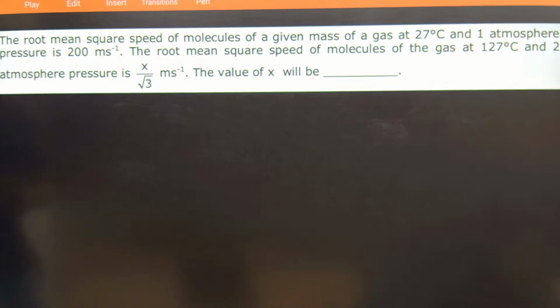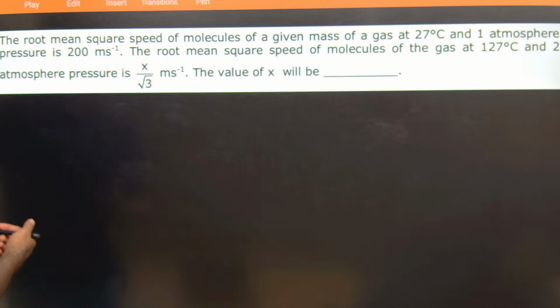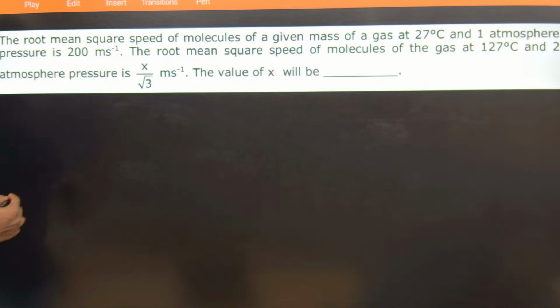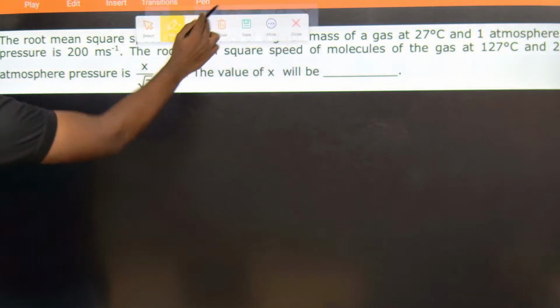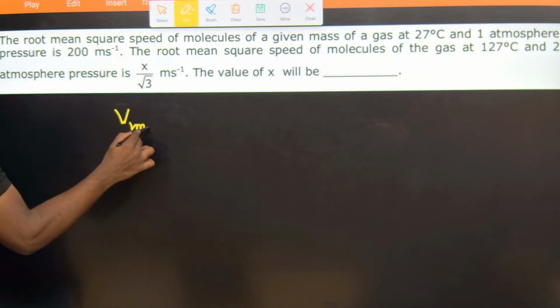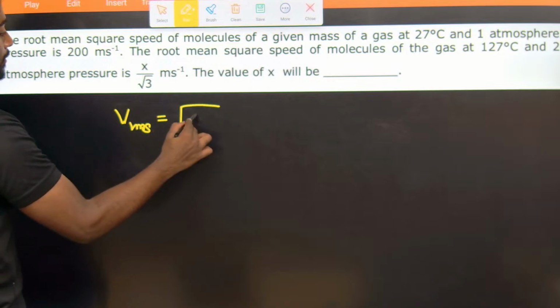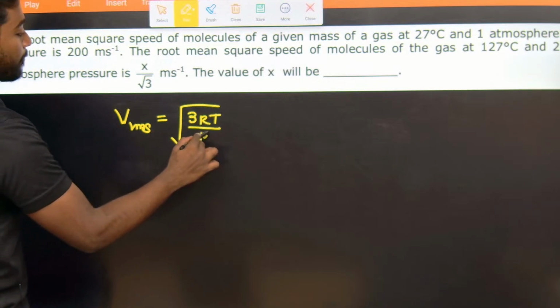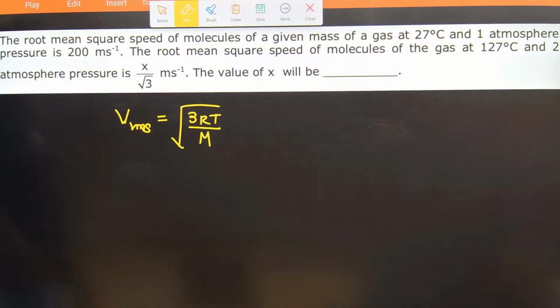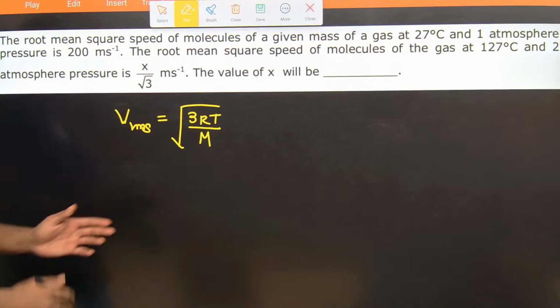So, what is the formula for the root mean square speed, VRMS? VRMS is nothing but root over 3RT by m, right? So what is the first thing they have given? 27 degrees Celsius.